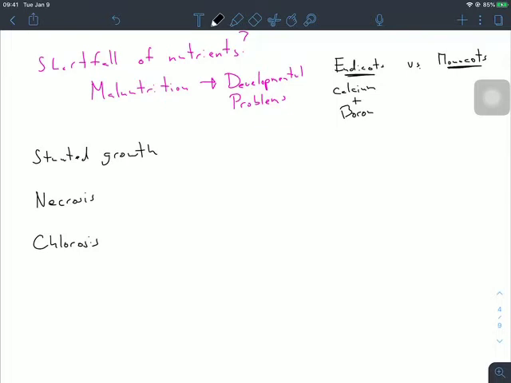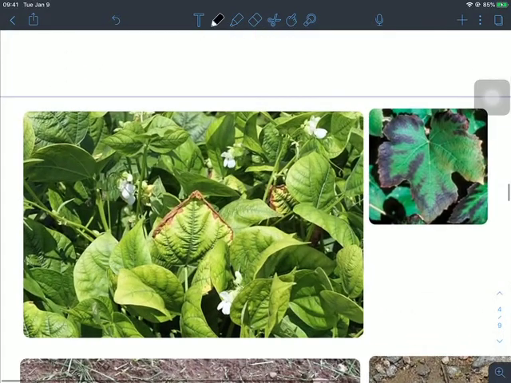For example, you can get necrosis in different spots in the leaf. When you're dealing with necrosis due to the lack of potassium, you might see necrosis in the leaf margins or the edges of leaves, where they're expanding the most in either this legume or this grapevine.